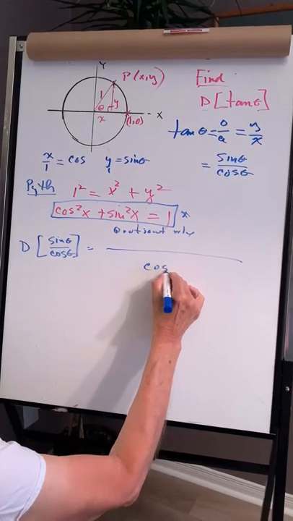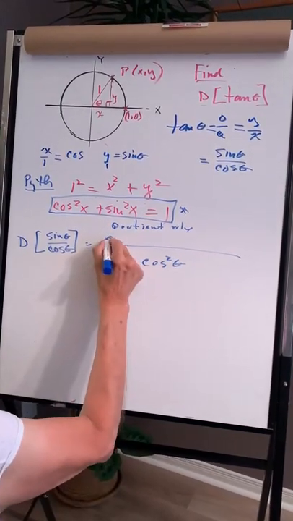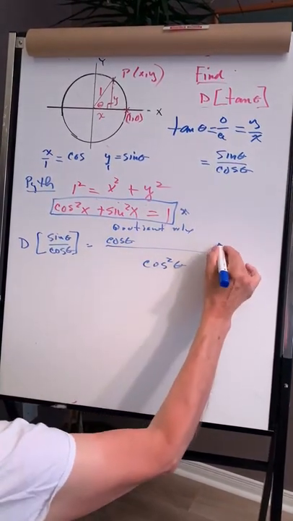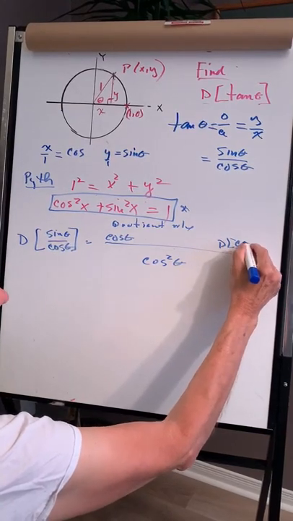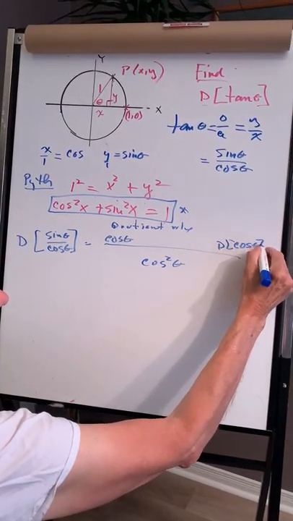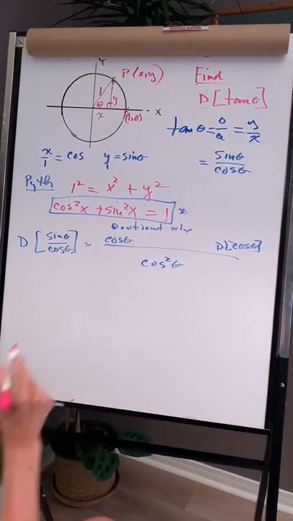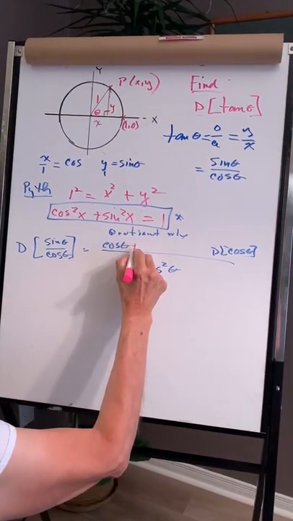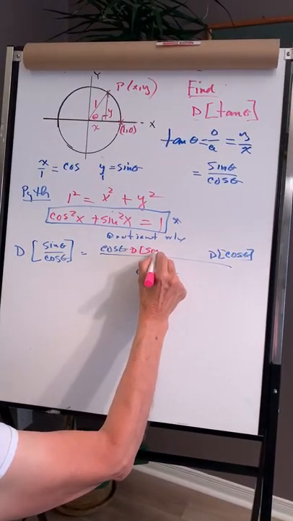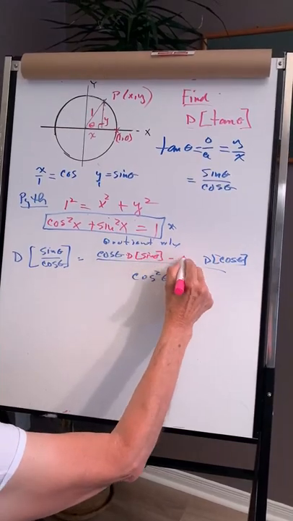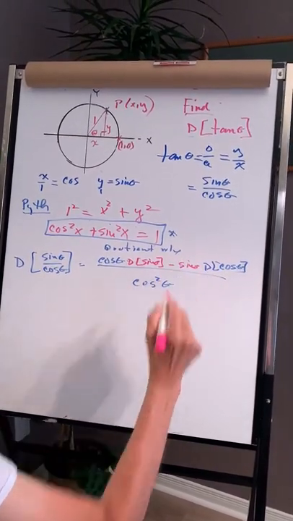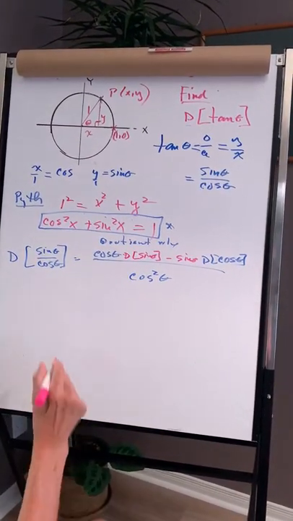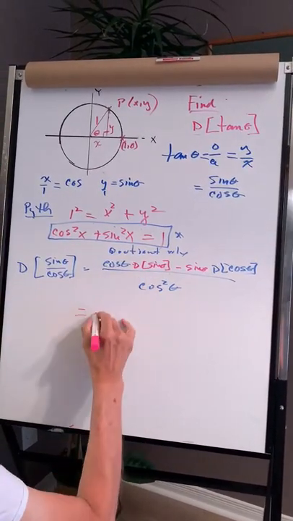Square the denominator, the derivative of the denominator. Now, the derivative of the numerator minus the numerator. So far, so good.